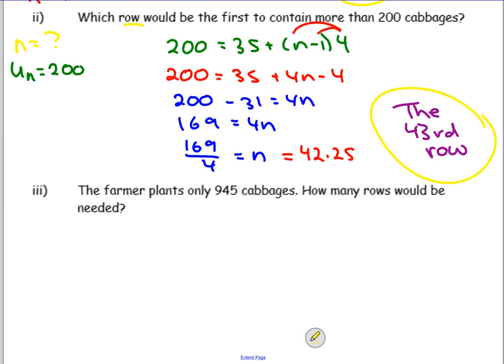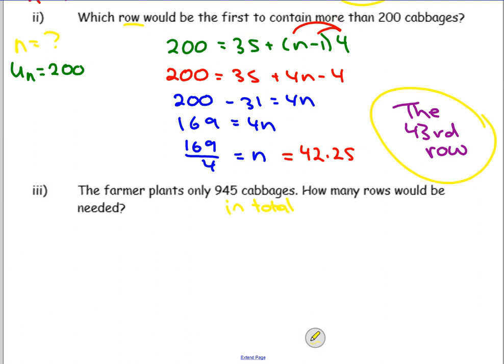They're not asking about just one particular row this time. The previous ones were just asking about one particular row. So he's saying 945 cabbages in total. If they were going to be nice to you, they would give you a clue and write in total. Because the word in total tends to refer to using a sum formula. That's normally a clue that you're talking about the sum.